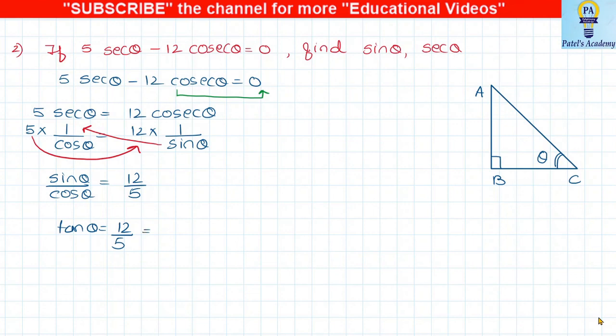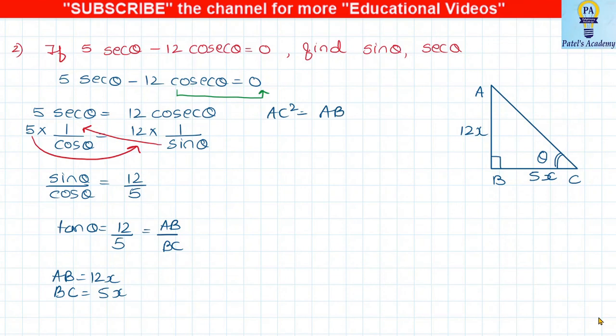Now from the figure, we know that tan is nothing but opposite, that is AB, upon adjacent, that is BC. So what will be AB? AB will be 12x and BC is going to be 5x. So that is what I'm writing in the figure, AB as 12x and BC as 5x. Now if I use Pythagoras theorem, what I'll get? AC square equals AB square plus BC square.